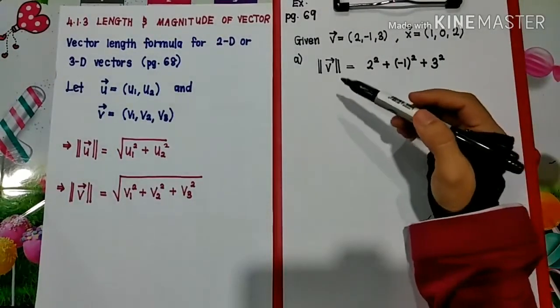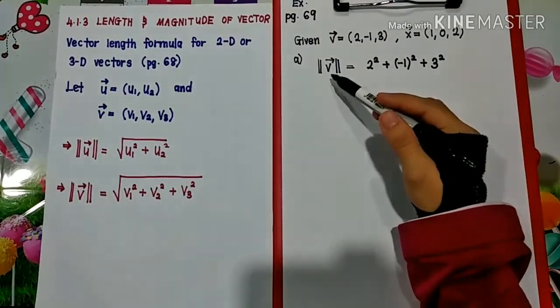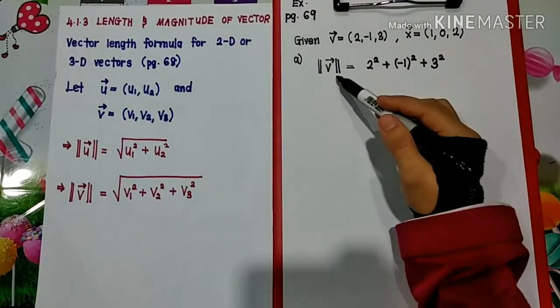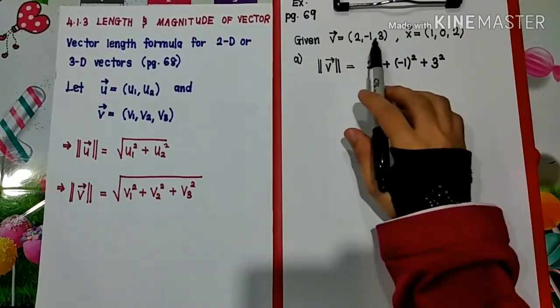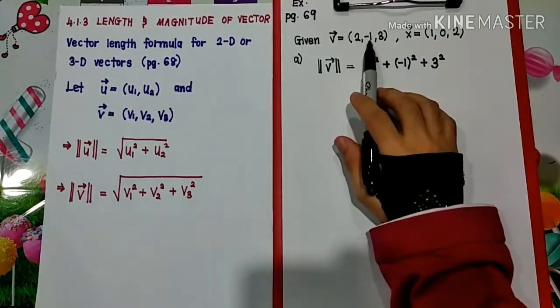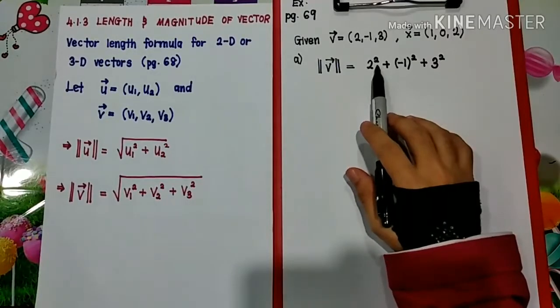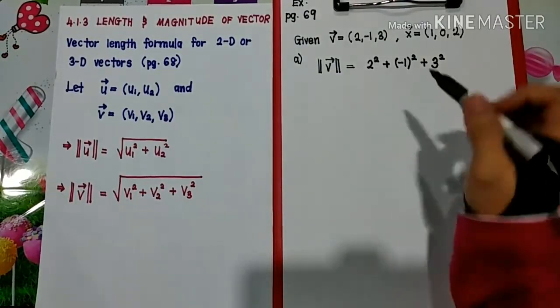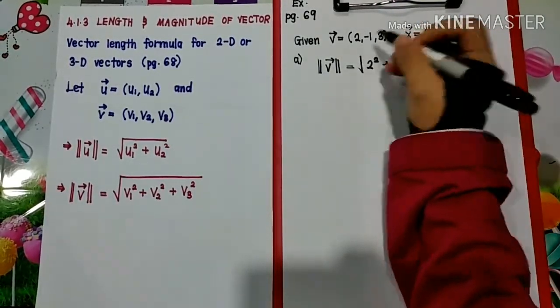Now we can find the magnitude of v. We use this notation to represent the magnitude. For our vector v, each element we square: 2 squared plus (-1) squared plus 3 squared, and don't forget to put the square root.